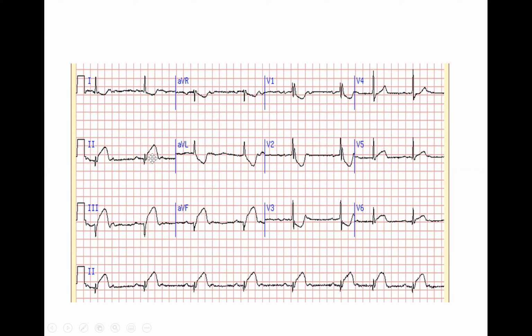Can I say something? In the inferior leads, there are reciprocal changes, there's some sort of irregularity. Reciprocal changes at the lateral leads, yes, lead 1 and AVL.